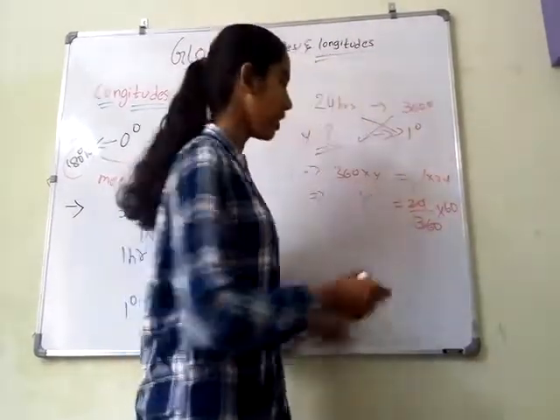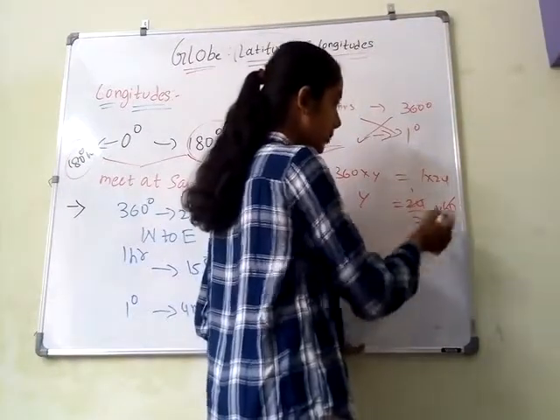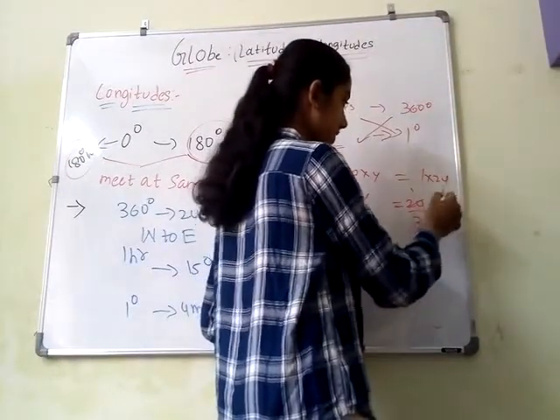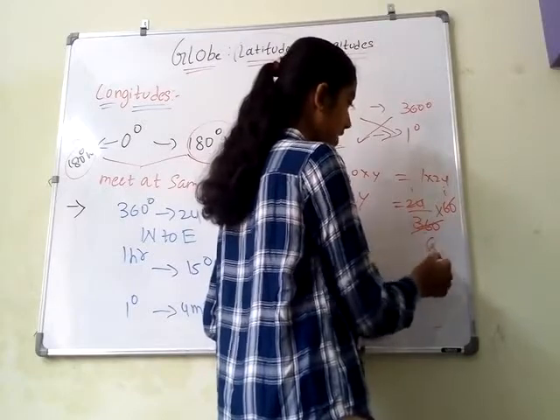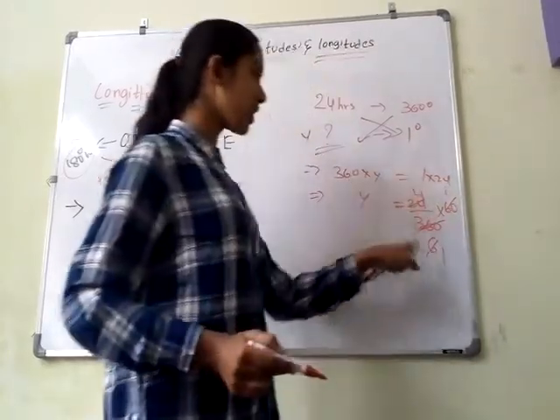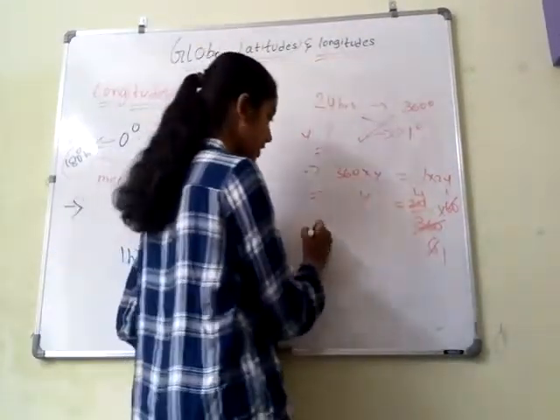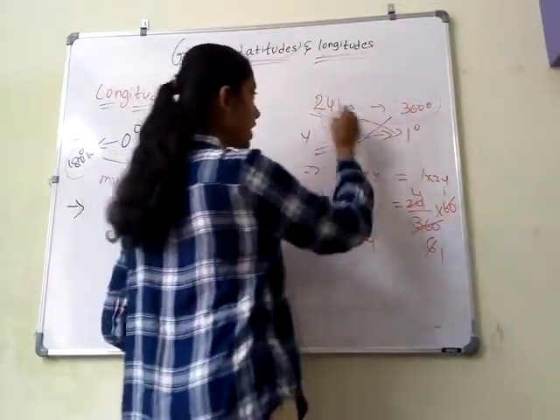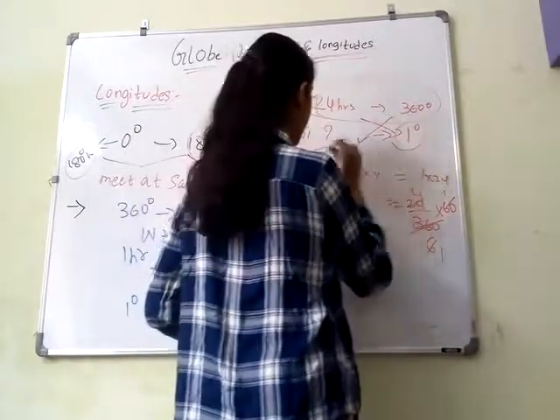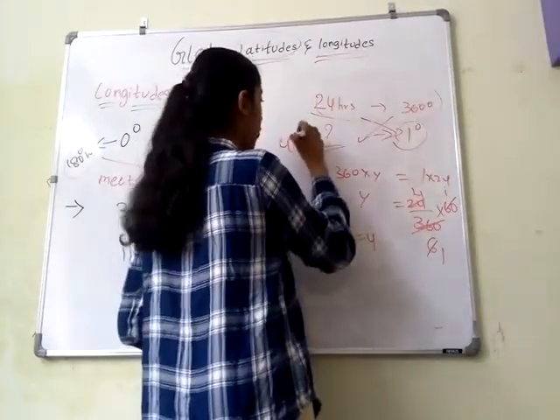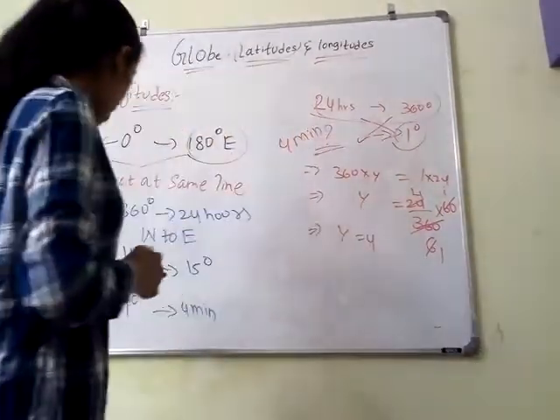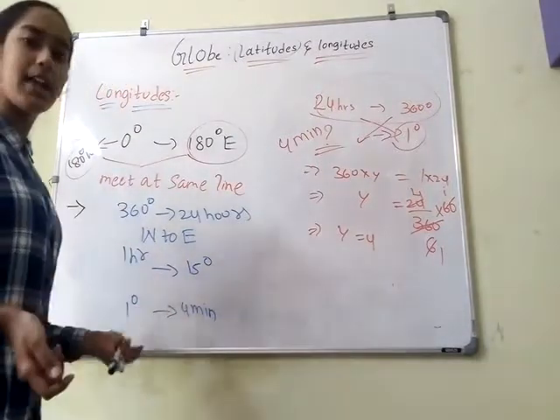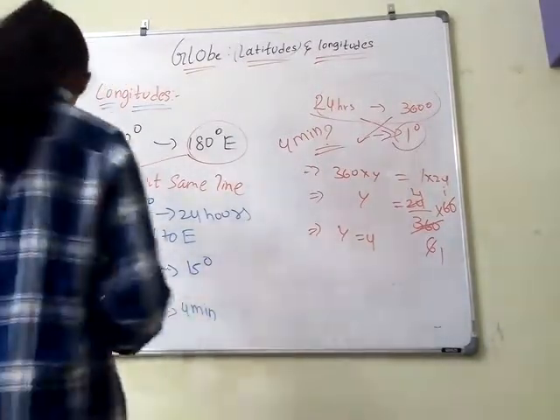If you multiply, these both will cancel. We get y is equal to 4. So as we convert it into minutes, y is equal to 4. That means 24 hours is 360 degrees, and for 1 degree, this y will be replaced by 4 minutes. So this is how we got 1 hour is 15 degrees and 1 degree is 4 minutes.